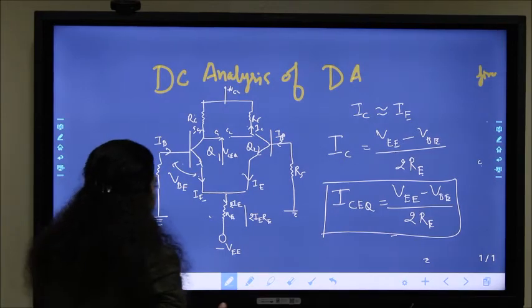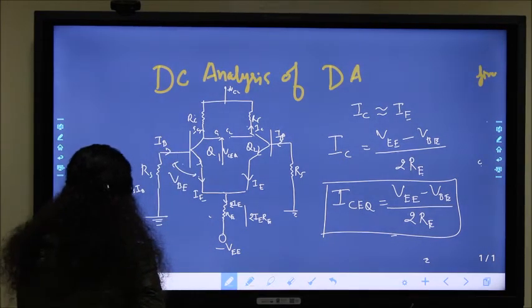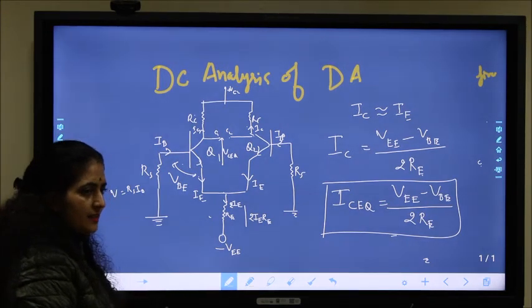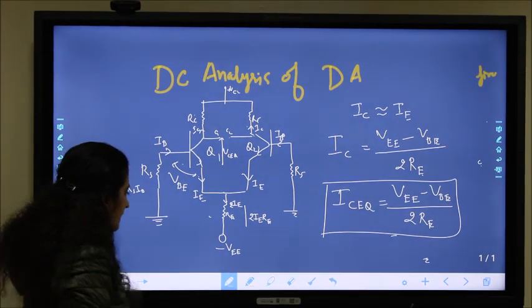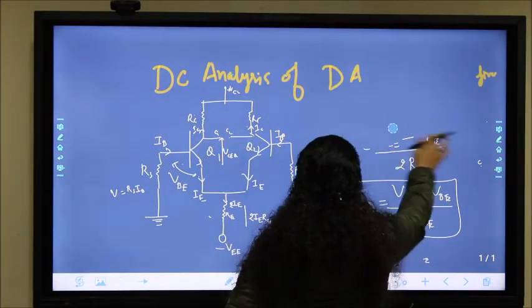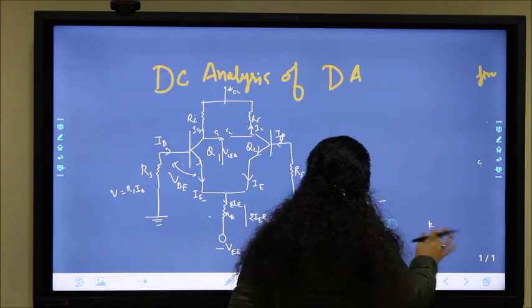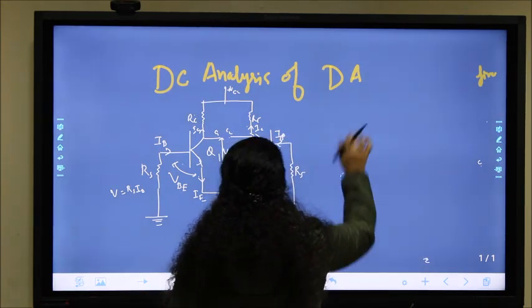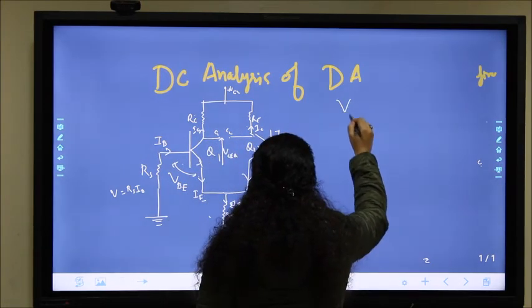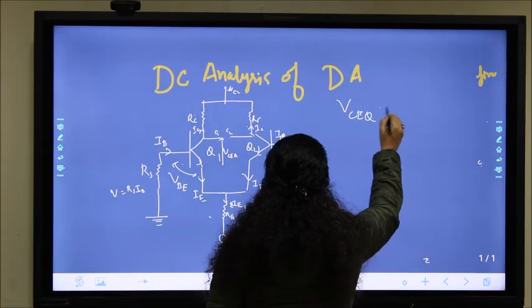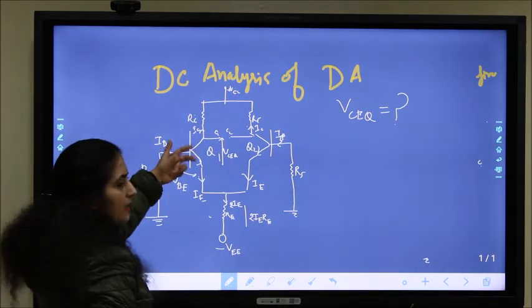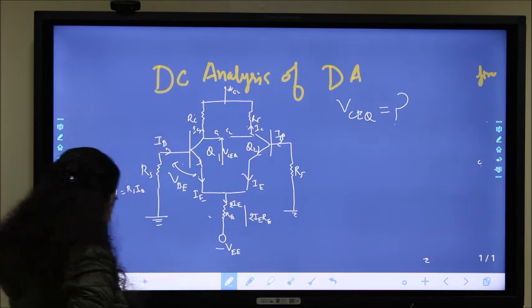In the same way, let us find the second calculation of the DC analysis of a differential amplifier. In second we have to find VCEQ, that is the voltage drop between the collector and emitter.